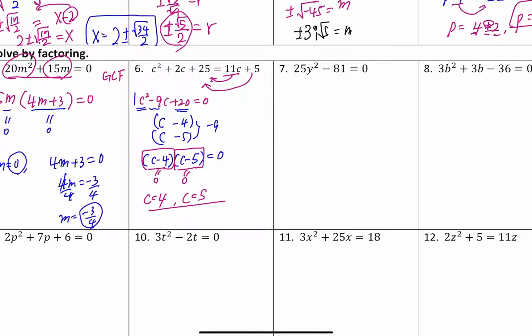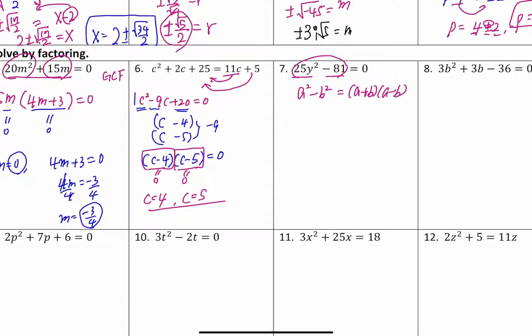All right, in number 7, we should use a little bit different way. Even though left side is binomial, we cannot use greatest common factor way. So we should use this way. Left side of the equation is like a squared minus b squared form, which should be factored to (a plus b) times (a minus b).